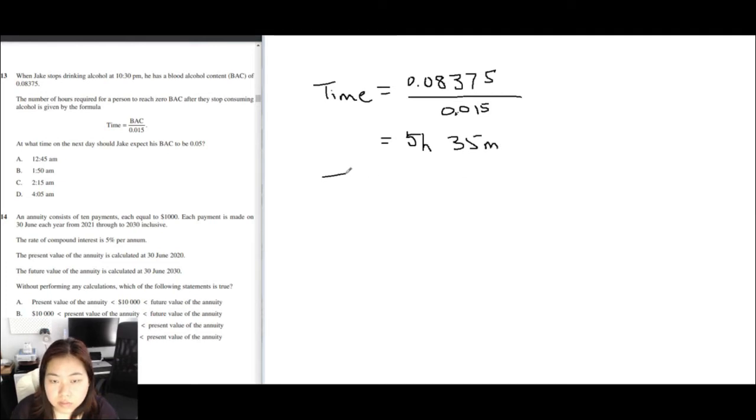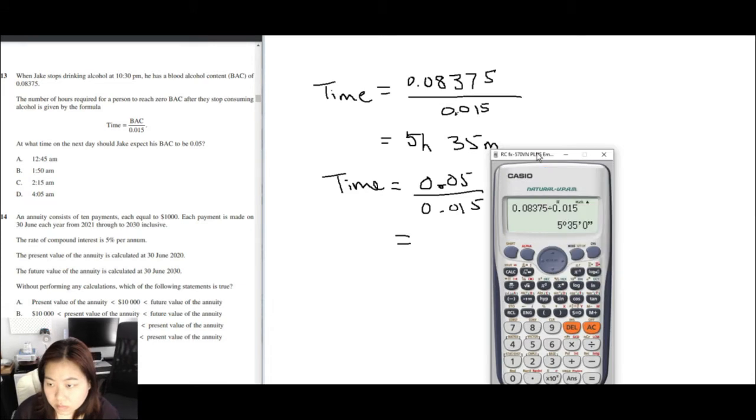The time it will take from 0.05 to get to 0 is 3 hours and 20 minutes.